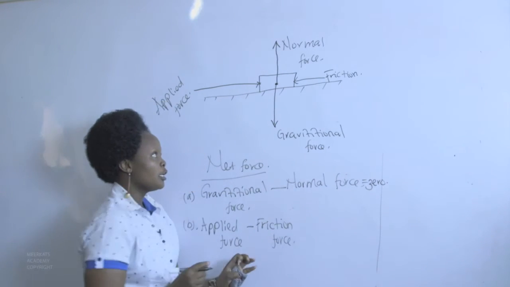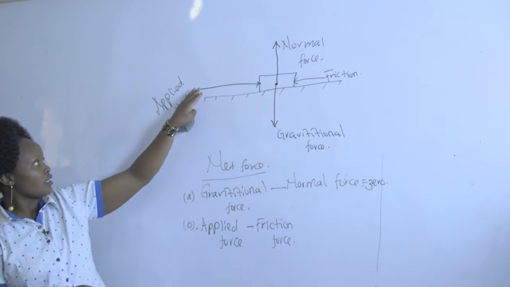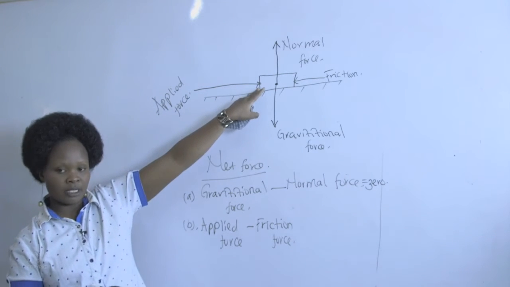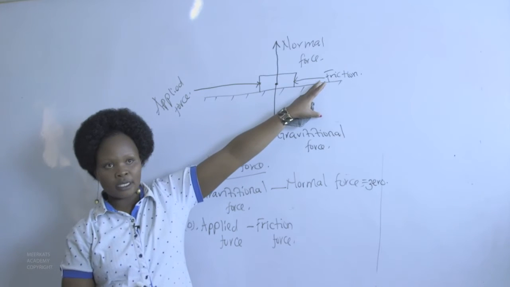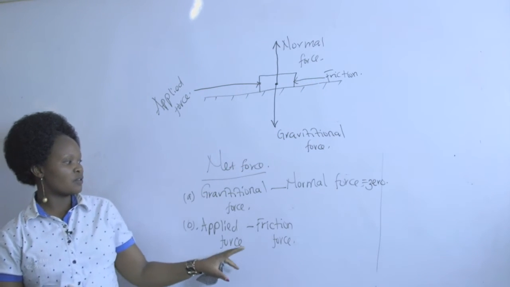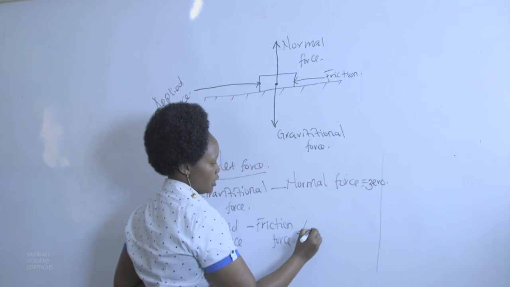force. And from our diagram, it is clear that the applied force is bigger in magnitude as compared to friction. Therefore, the net force is not 0.